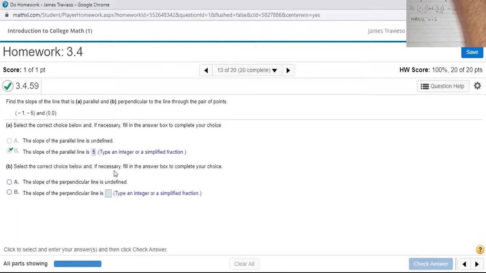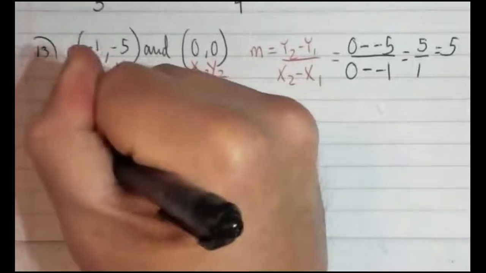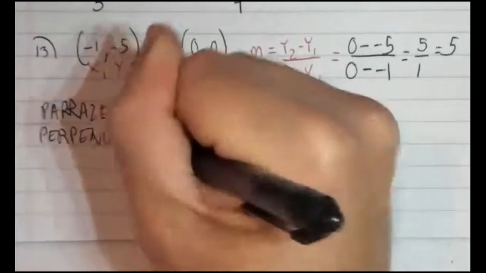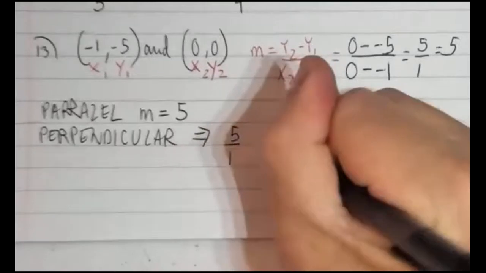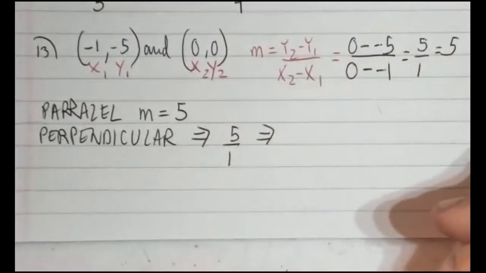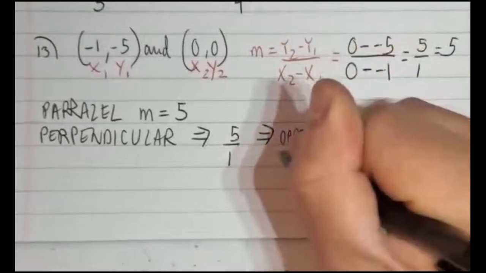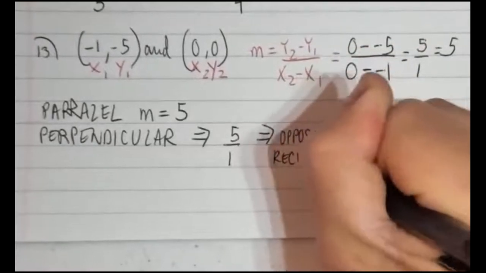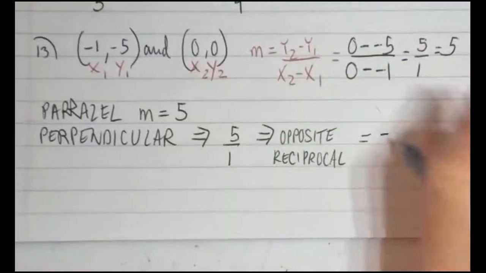The second part wants to know what the perpendicular slope would be. So we know the parallel slope is 5, so what would the perpendicular slope to that be? Again, you take the 5 over 1, and we have to do the opposite reciprocal. Opposite means it's positive, so it's going to become negative.